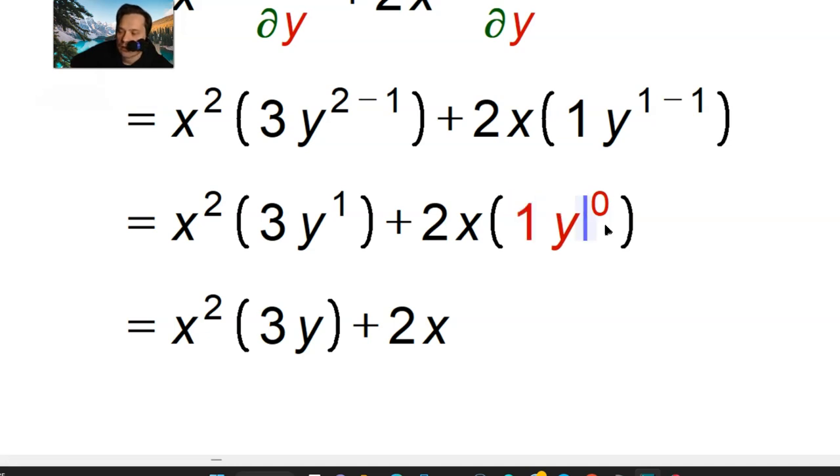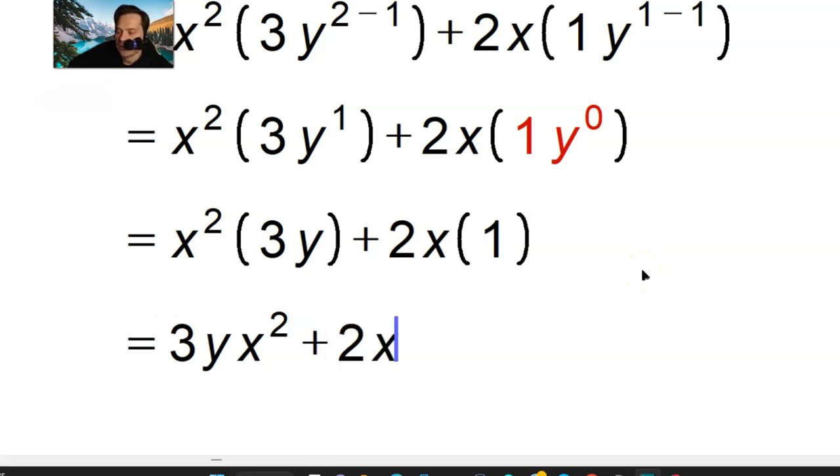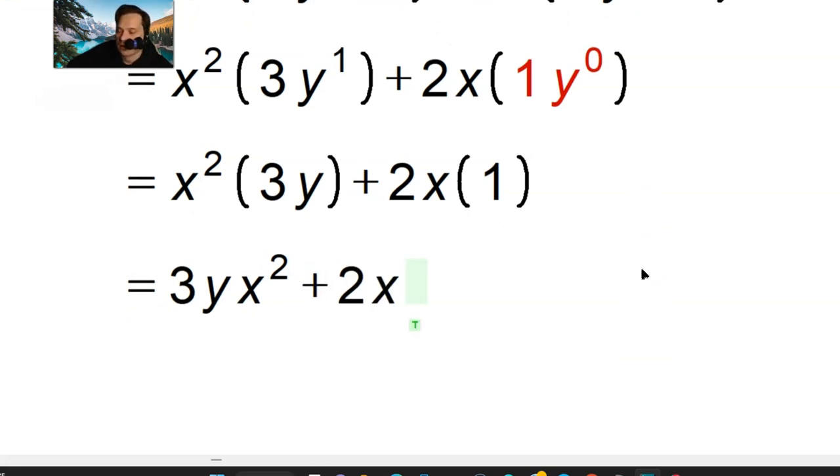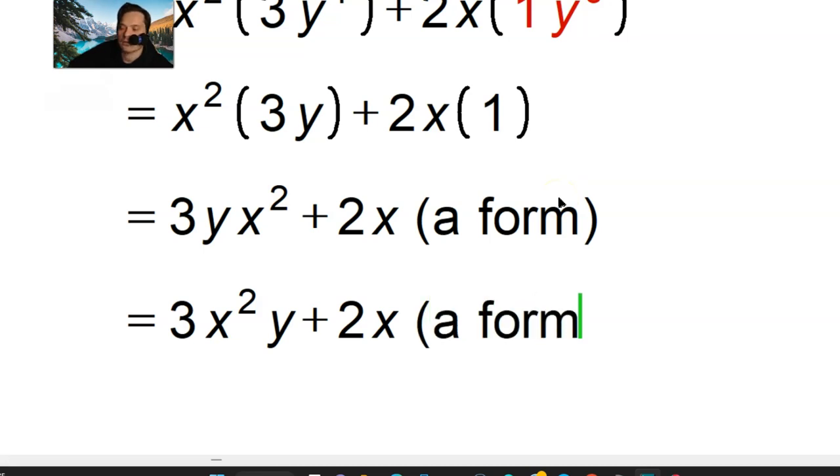If we multiply that by that 1, this whole expression I've just highlighted becomes 1. So you end up with 2x times 1, you see? Then you continue. So you can write 3yx squared, for example, plus 2x. But this is just a form of the answer, so let's be clear, a form. And you can just as well write 3x squared y plus 2x, and this is an equally valid form of the answer.